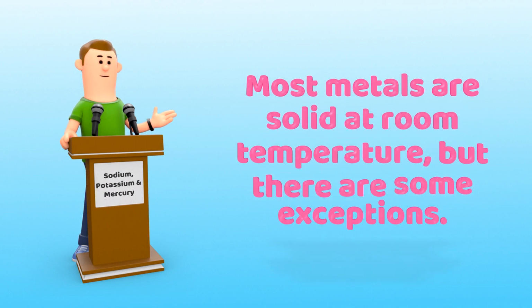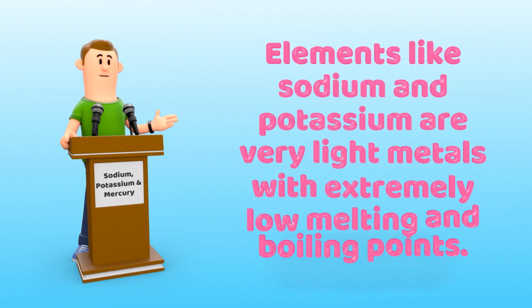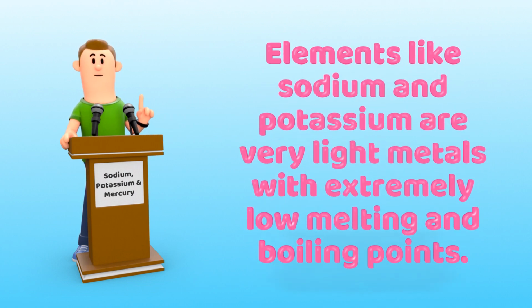Let's now see another exception for sodium, potassium, and mercury. Usually, most metals are solid at room temperature, but there are some exceptions. Elements like sodium and potassium are very light metals with extremely low melting and boiling points.